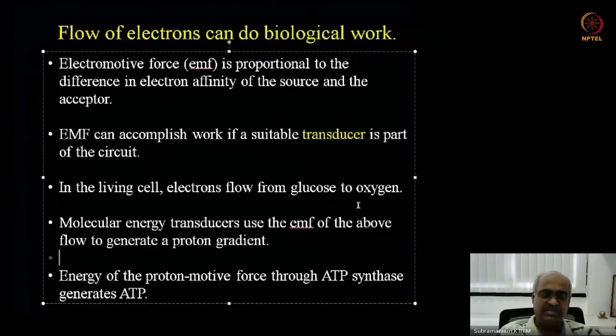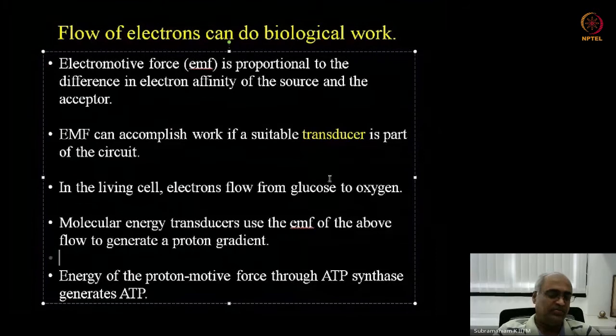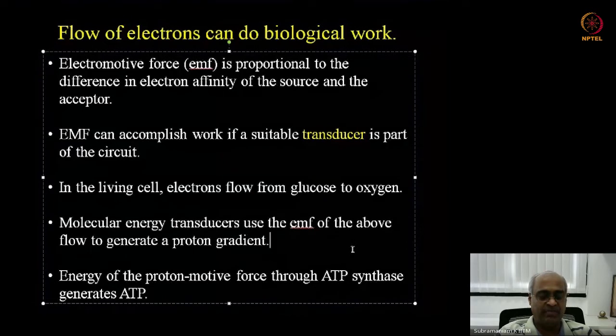So chemical energy basically is converted from one form to another form of chemical energy. This is what happens. So since this is the central concept of how it happens in biology, we need to pay attention to this electron transfer, and therefore we will visit very briefly the basic concepts of electrochemistry now.